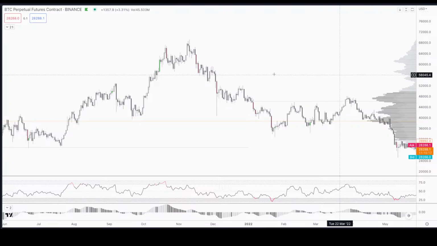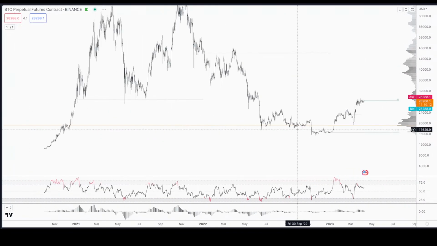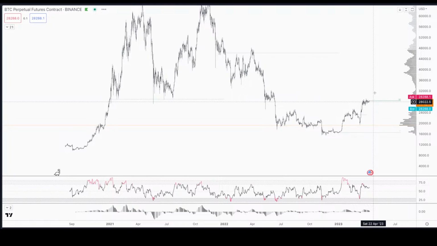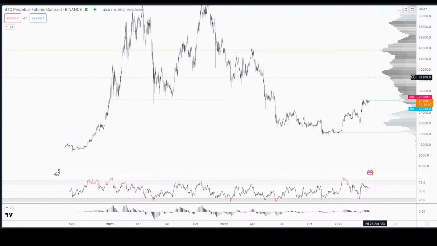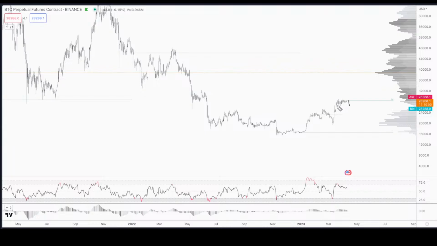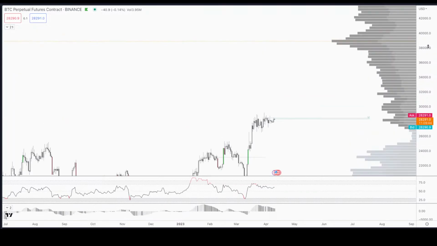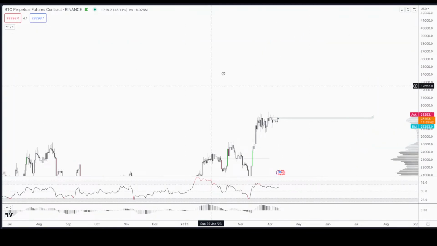So let's check ETH. I'm still expecting some kind of quick rundown again towards this region, not all the way down here, but a little bit of pullback to clear out everything, and then something like that. I'm still expecting that.